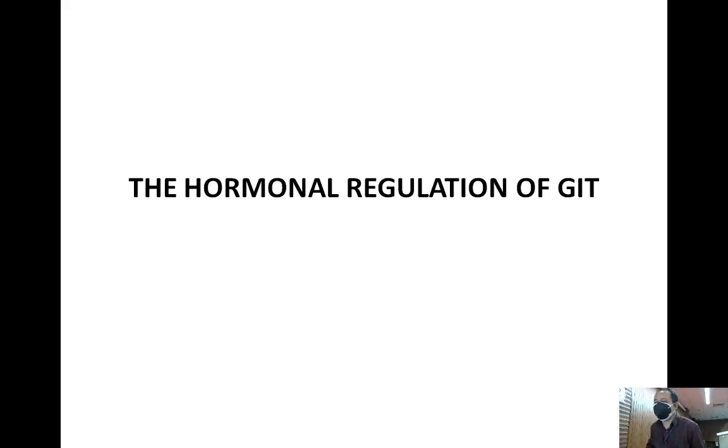We have started the classes on endocrine. I've taken one class where I discussed the mode of action of different hormones. So with that, I think you have a good background to understand the mechanism of hormone action even in the GIT. So anyway, what we're going to learn today is about the regulation of GIT by different hormones.